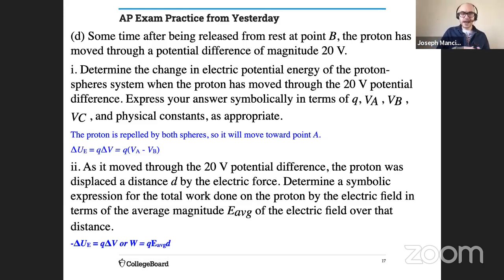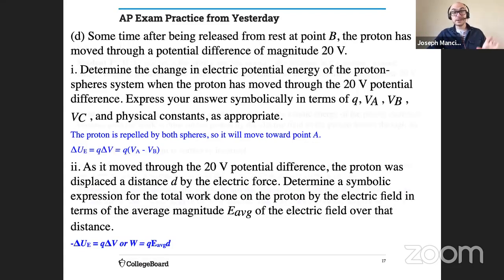And then finally, as it is moved through that 20-volt difference, our job was to determine the work done on the charge. The work done on the charge, we talked about in our lesson from Monday. The work done is the magnitude of the charge times the average electric field times the distance over which it is moved. If that seems unfamiliar, double check that video from Monday. It is another way to express Q delta V.